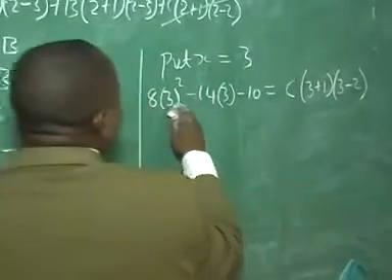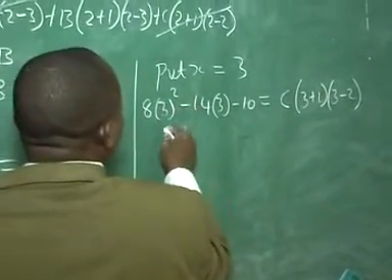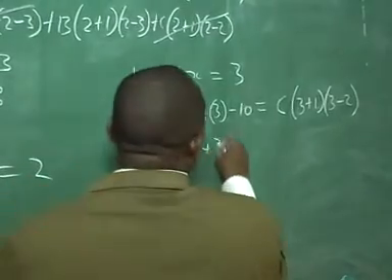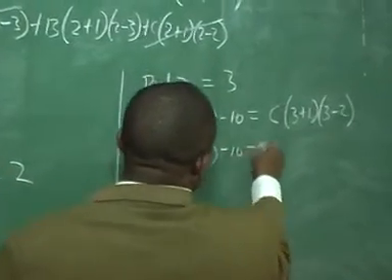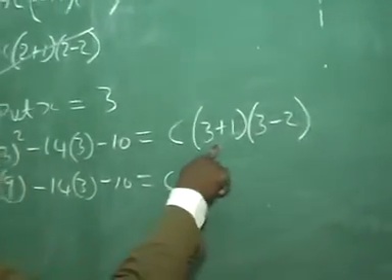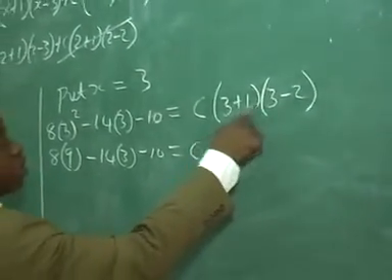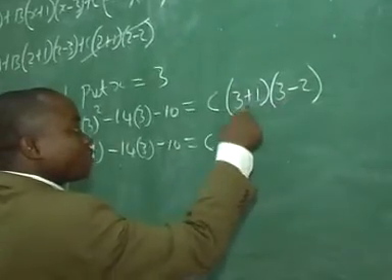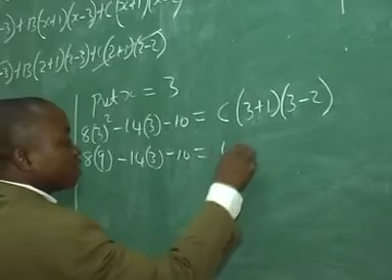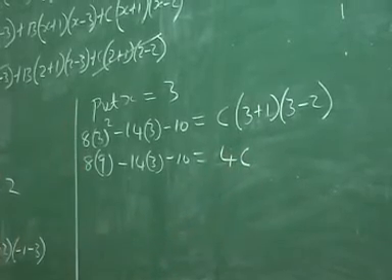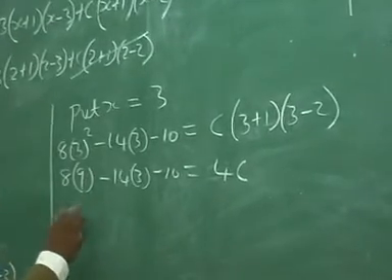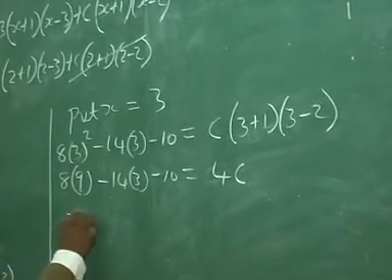Now, 3 squared is 9, so we have 8 times 9 minus 14 times 3 minus 10. Then here, 3 plus 1 is 4. 3 minus 2 is 1. So 1 times 4 is 4. And 4 times c gives us 4c.